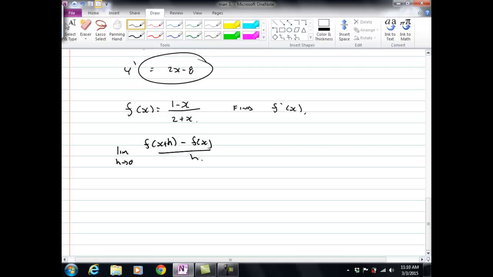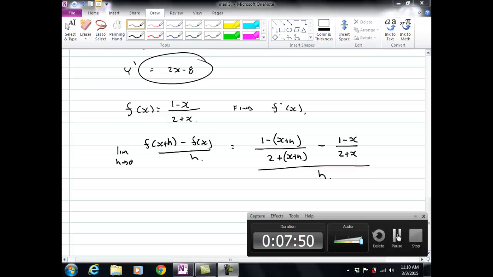Now we're going to play the game of subbing it in. That gives you 1 minus x plus h, again, are you going to use brackets, over 2 plus x plus h, minus 1 minus x over 2 plus x, all over h.